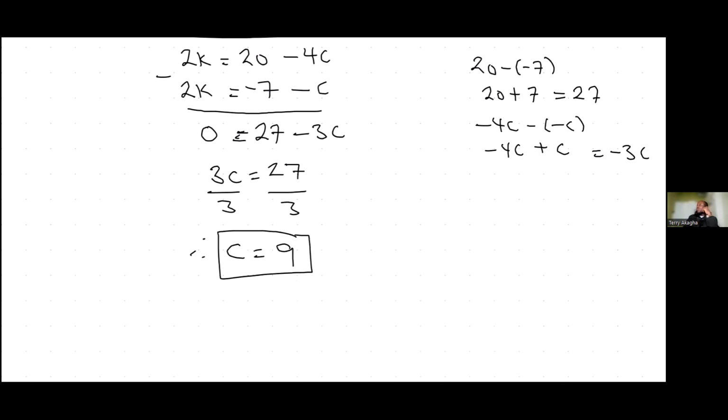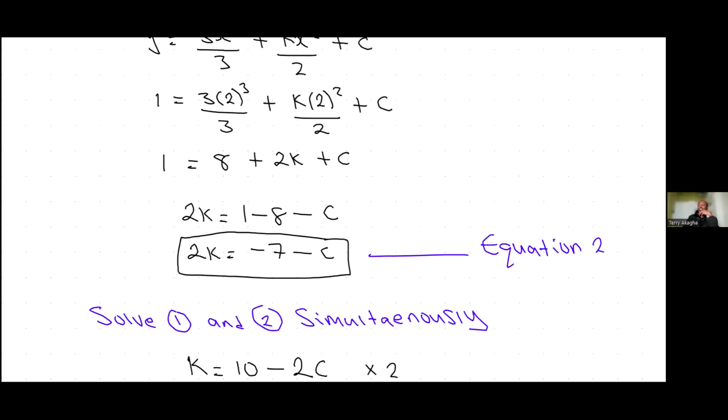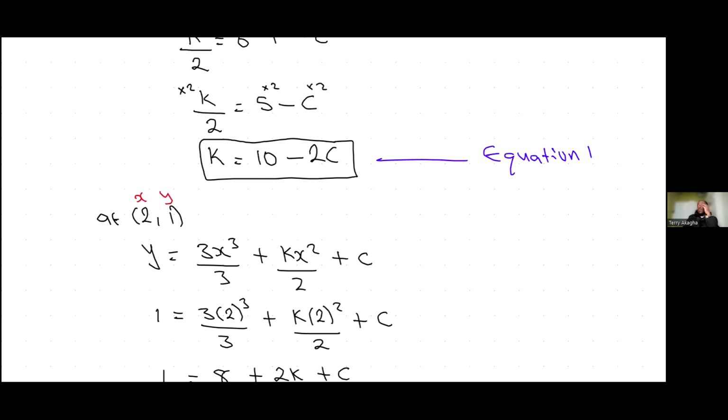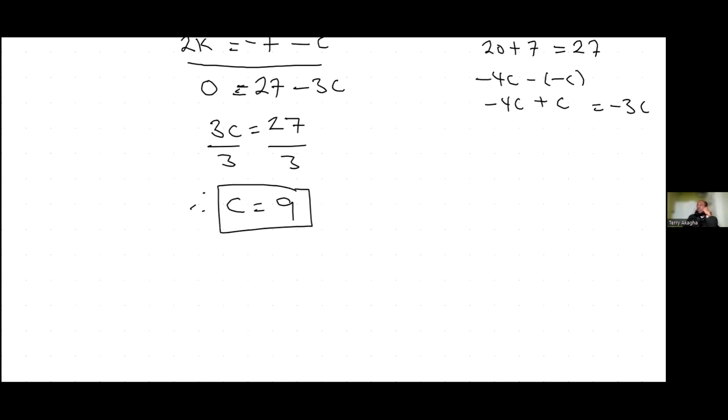Because c is equal to 9, I can now substitute it into any of the equations to give me the value for k. But I'll prefer to substitute it in equation 1 because equation 1 looks easy. So from equation 1, k is equal to 10 minus 2c. I hope I got that right.